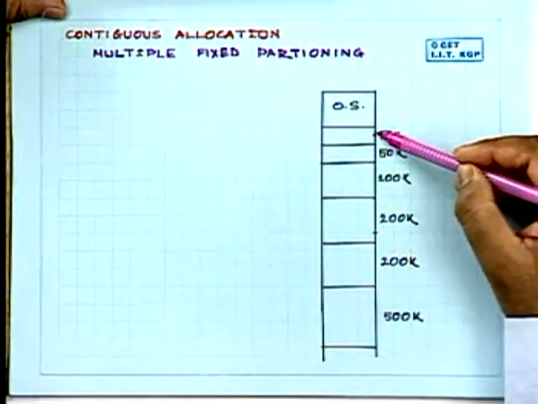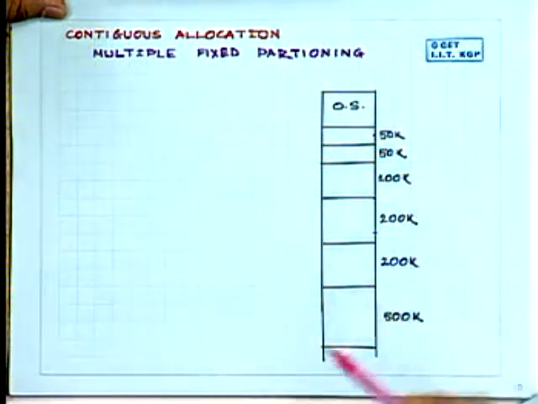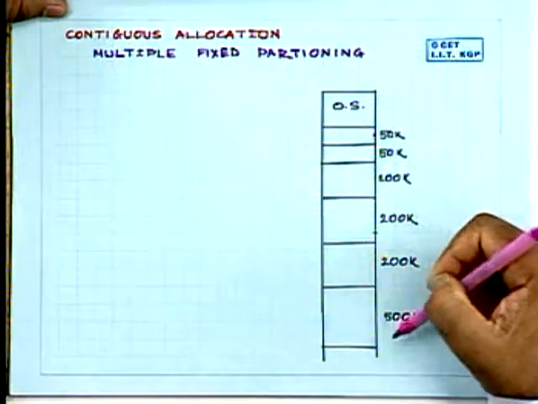Say 50K here, 50K here, 100K here, 200K, 200K, 500K. This partitioning has to be done with some prior knowledge of the sizes of the different programs that are generally handled by this computer system.